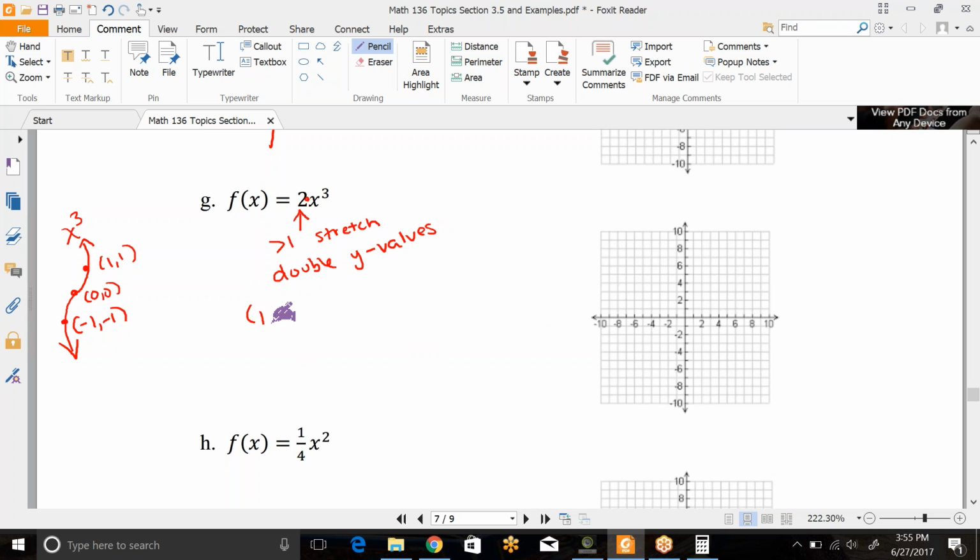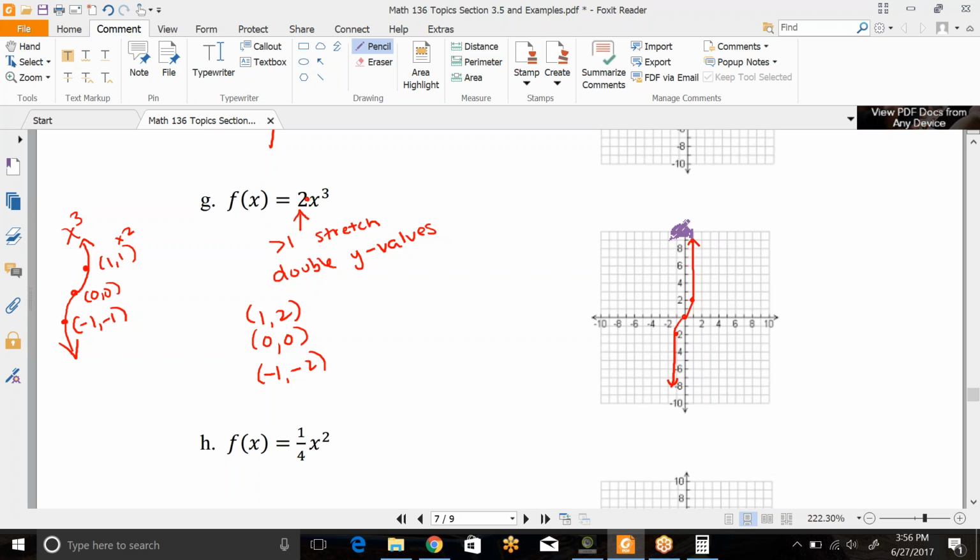So that means it's going to be (1, 2). I'm just doubling these right here, so times each of these by 2, just the y values. (0, 0) would still be (0, 0), and (-1, -2). So this would be (1, 2), (0, 0), (-1, -2). It's the same shape, it's just a little bit thinner than the original one.